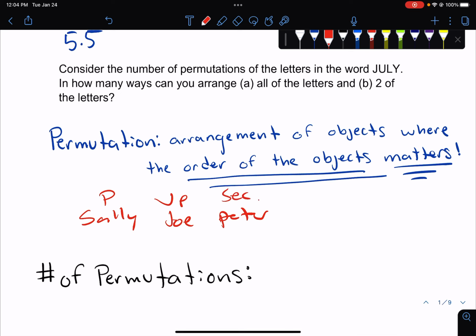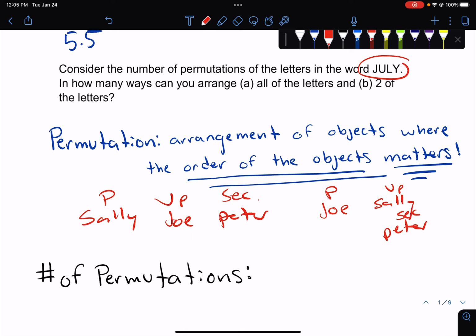That is different than if I make Joe the president and Sally the vice president and Peter the secretary, right? Those are different arrangements. It's the same people, the same objects, but they're in a different arrangement, and the order of this arrangement matters, okay?